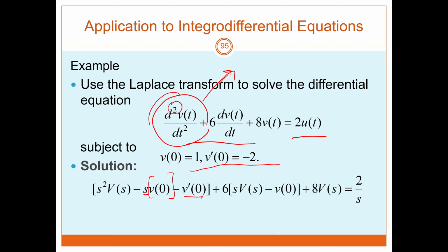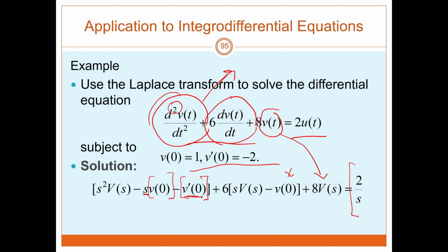This is the first order, this is the single value, no order. Plus this second one, if only 1 degree, now it becomes 6 multiplied by s vs minus v0, this is the last point, plus 8 vs, where vs is the Laplace of vt.